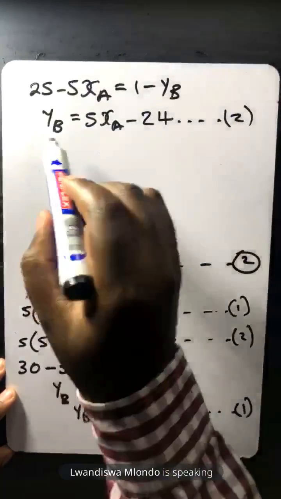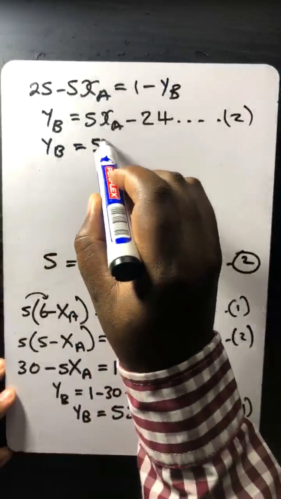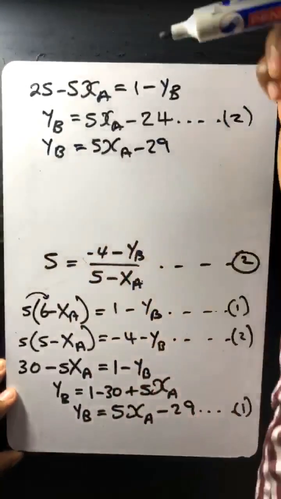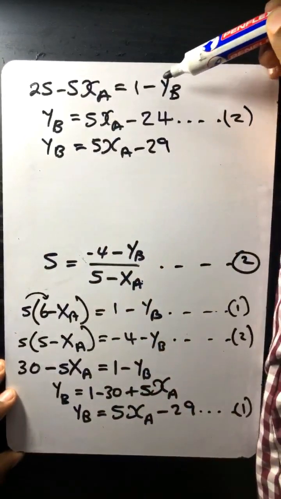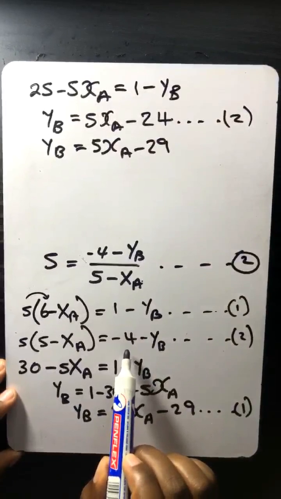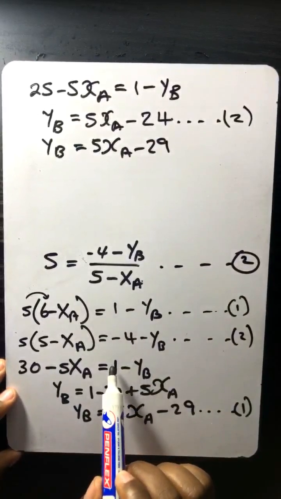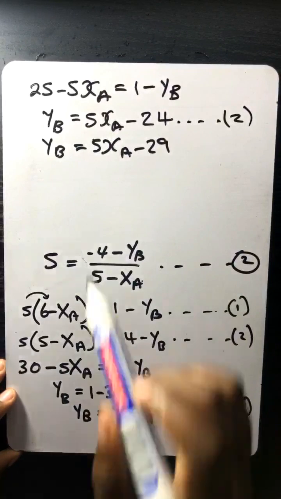And then equation number 1, we have it as negative 4 minus y at B. Did I make a mistake somewhere? Let's see. Yes, it's negative 4. Where did I make a mistake? Oh, I copied the 1 minus y at B from the top.